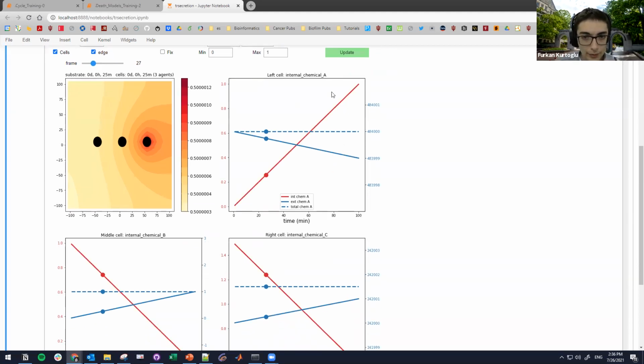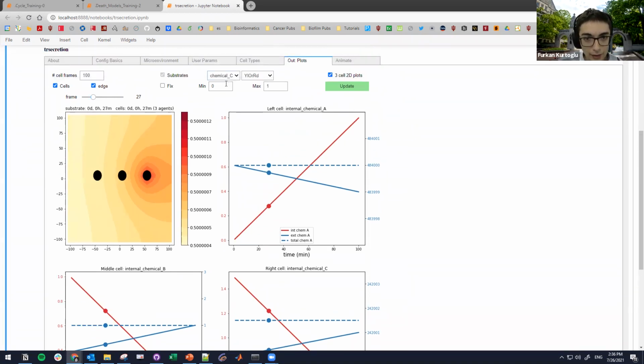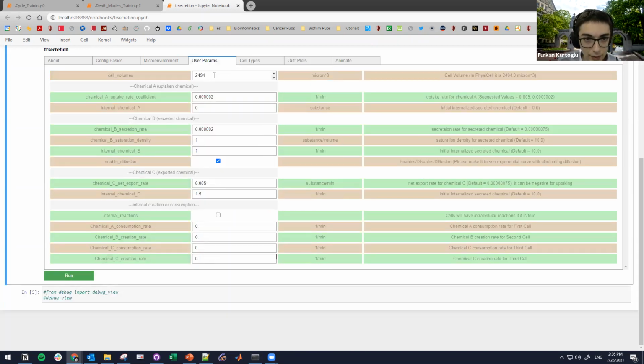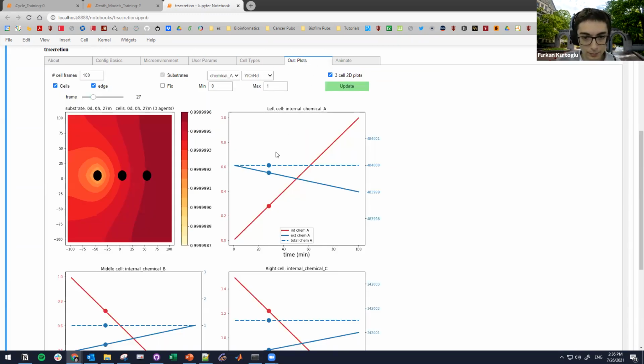What you are seeing on the left is the internal chemical A, so let's go to chemical A first. By the way, the cell volume is the default cell volume, and therefore there is a difference between the export rates and the secretion rates.